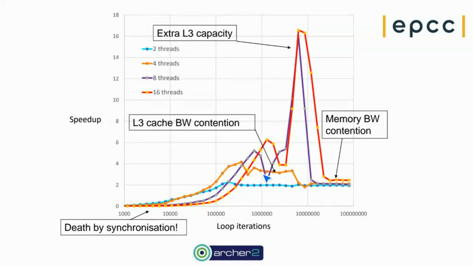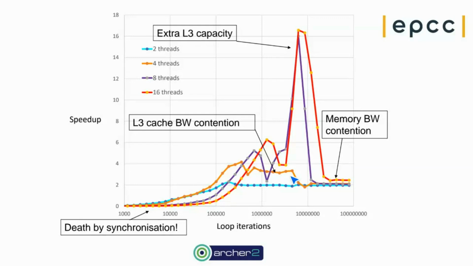And in this region, the data fits into the level 3 cache, and the way the threads are bound to the cores means that all those 4 threads are sharing that same level 3 cache. So the reason that I don't get a speed up of 4 here is because of the contention for the bandwidth to the level 3 cache.